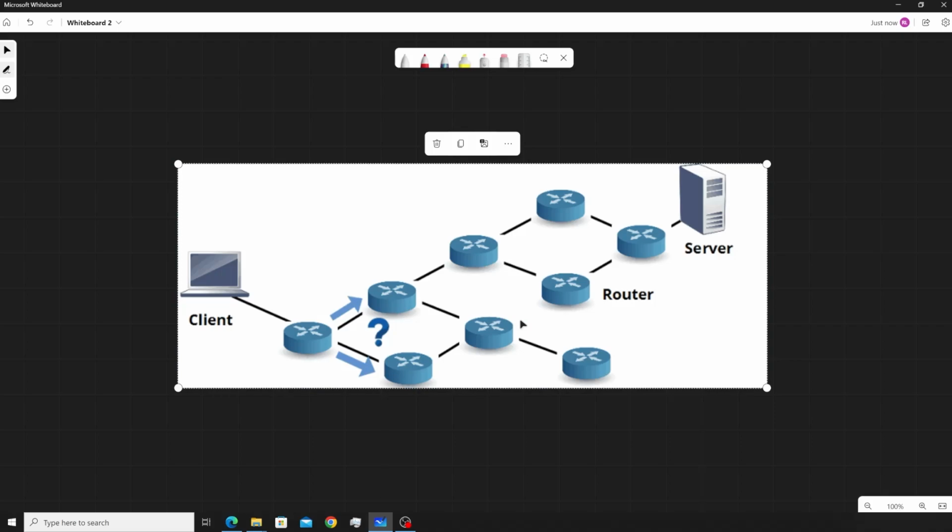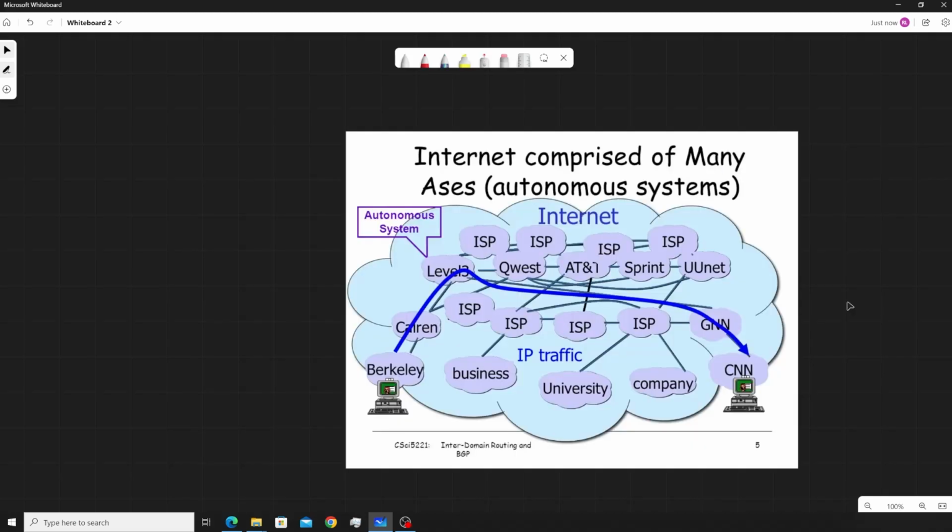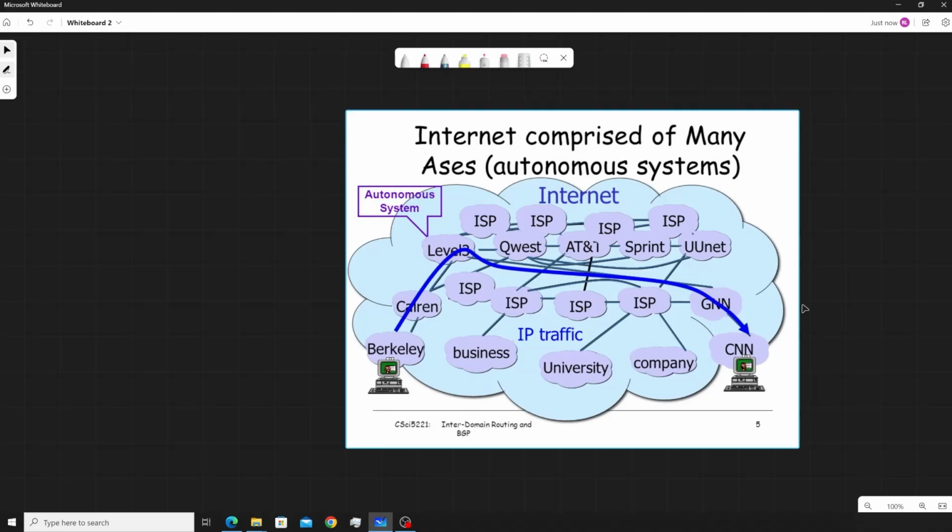So it's much closer to something like this, where you have these very large ISPs like AT&T, Verizon, Sprint, and so on, which are connected to websites and universities. That is, it's much more condensed than you would think.